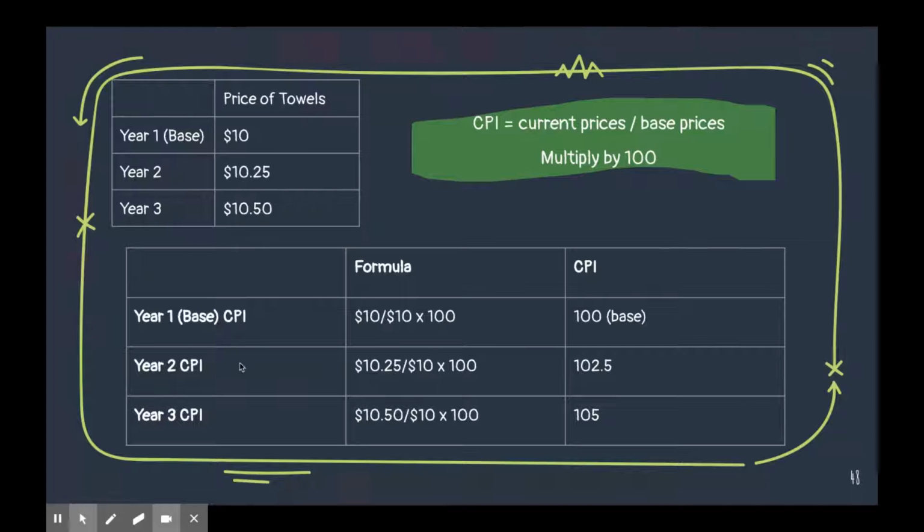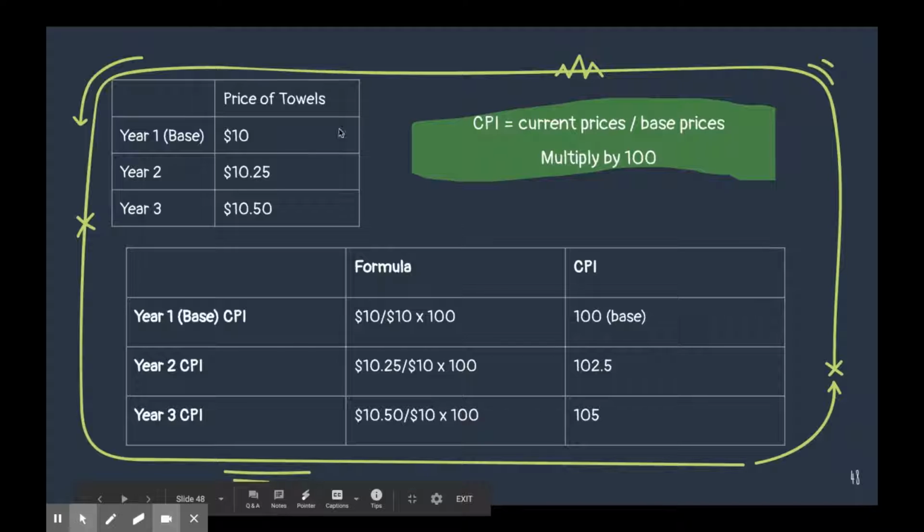If we look at year 2, the price of our towels is now $10.25. So our current price is $10.25, and our base price again is 10. Let me pull up my calculator so I don't tell you wrong. $10.25 divided by 10 gives you 1.025, times 100 gives you 102.5.